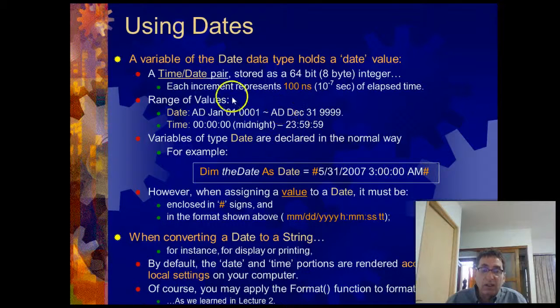So let's take a look. A variable of the date type, or date data type, holds a date value. The time date pair is stored as a 64-bit, so that's 8 bytes, integer. So that's how it's stored, remember, not what it represents.